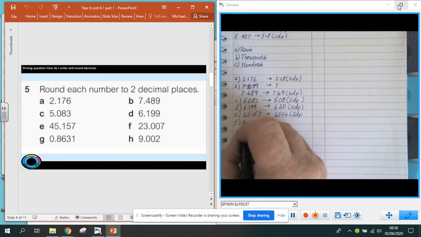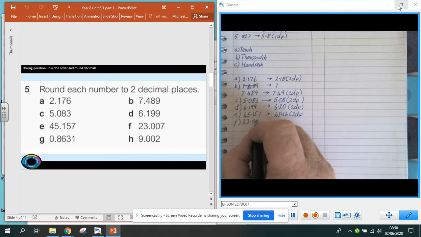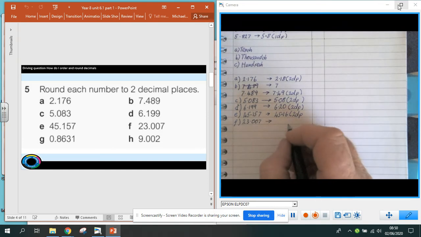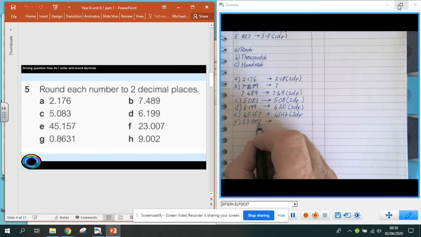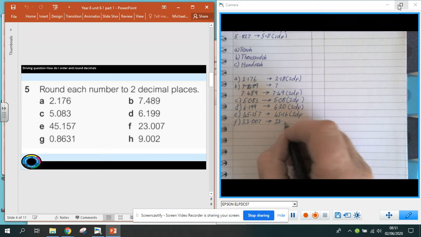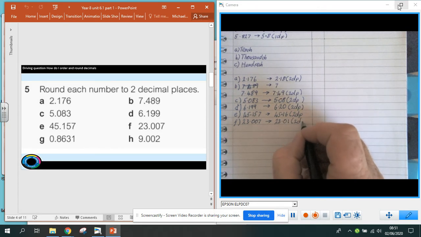F, 23.007 becomes, well, I'm looking at the 7 to decide if I'm going to round up or down. I'm going to round up, so I'm going to add 1 to this, so this number becomes 23.01 to 2 decimal places.